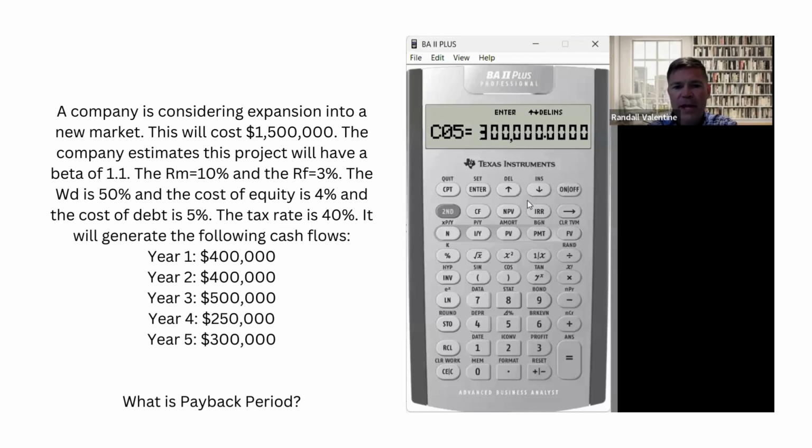The only thing that changed in this problem was when we hit NPV, I equals, instead of 10.7, our WACC was 3.5. And then we hit enter, and then we hit the down arrow, and then compute. And our NPV using WACC is 181,301. So that's a positive NPV. So we would accept it using WACC, but we would reject it using CAPM.